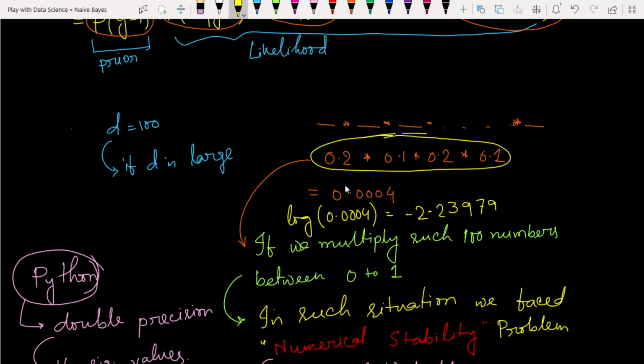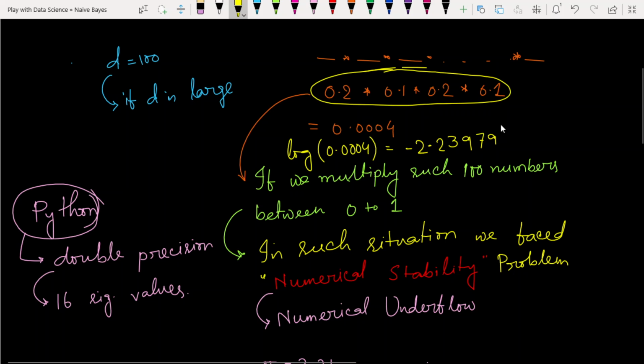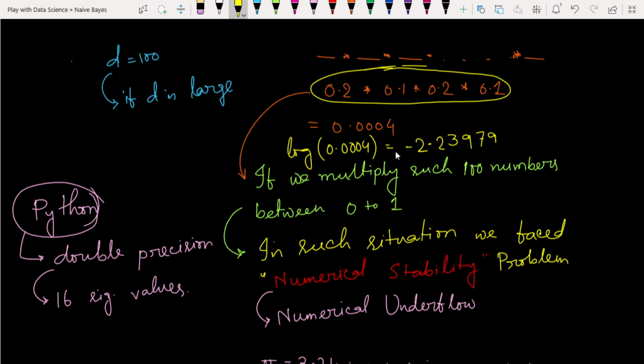If this number is so small, and we are interested in multiplying 1000 such numbers, the value would be 0.000 up to 1000 places. If we simply use the log function here, we can easily find a numerical value, and so we can easily get rid of this problem.